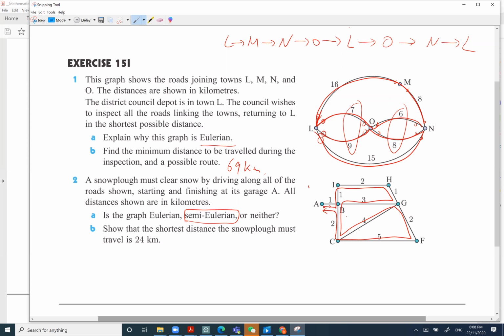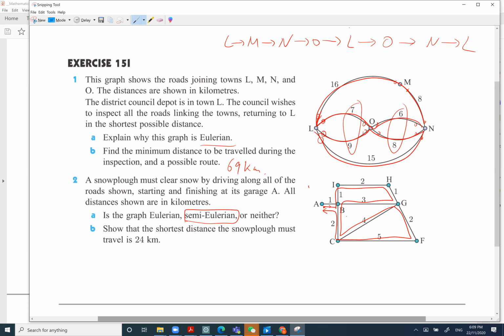So we pass all the edges, but we repeat A to C, like C to A. That will be 7, 10, 23, 21, 8, 10, 14, 21.